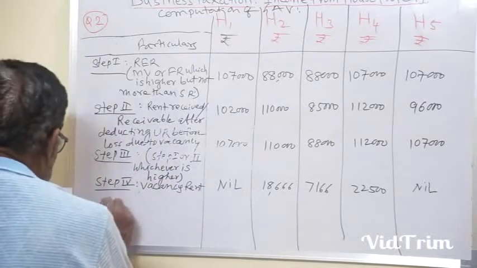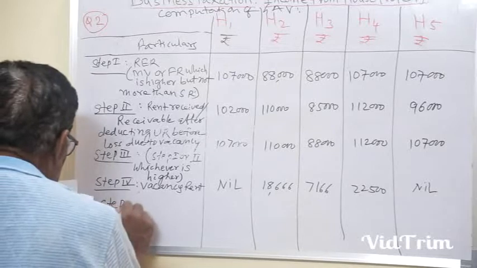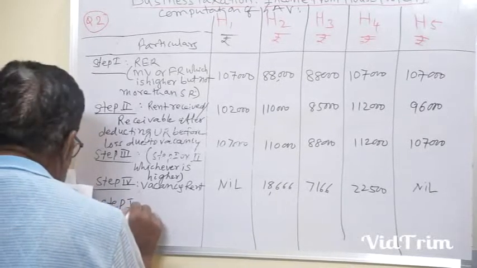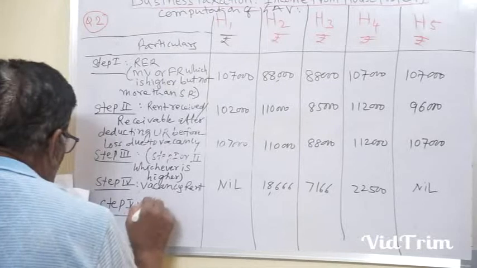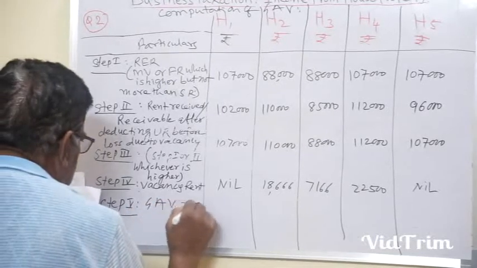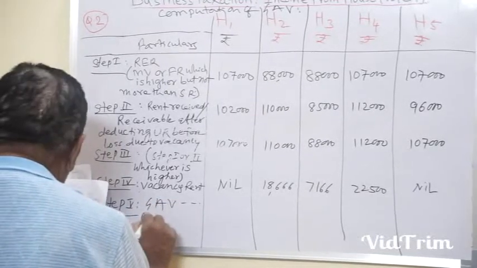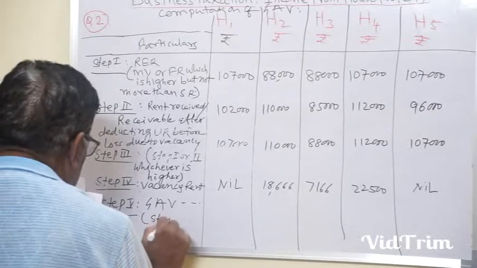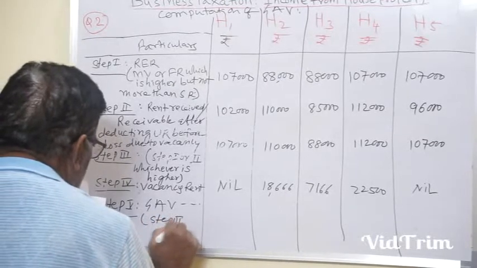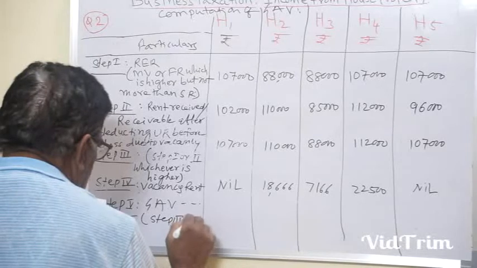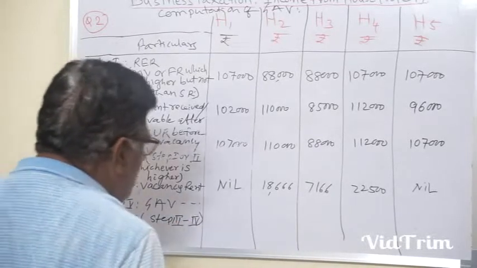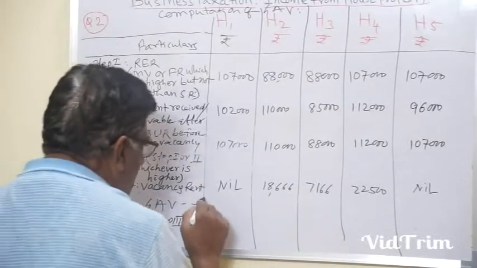And the last step, number 5, is that gross annual value is to be calculated. It means step number 3 minus step number 4, whatever you get, that is your answer.